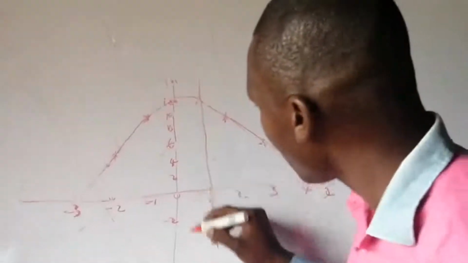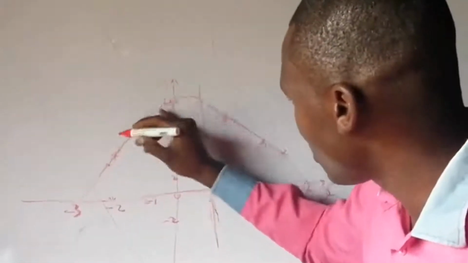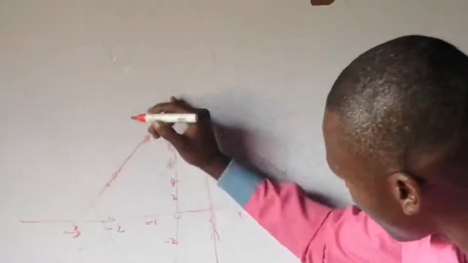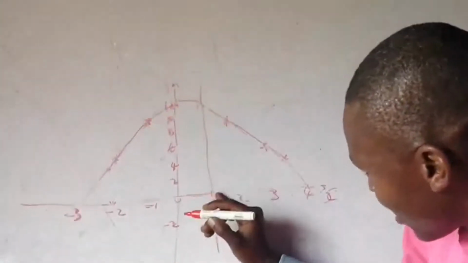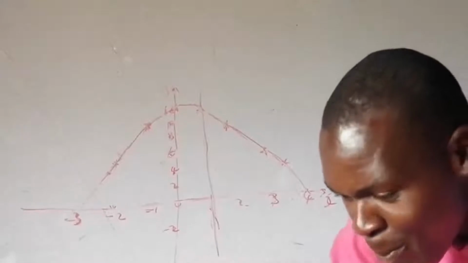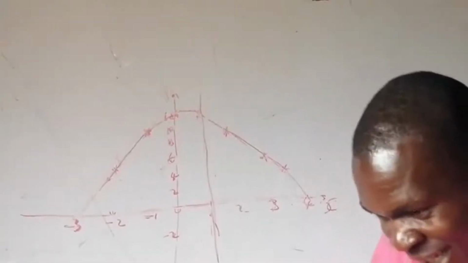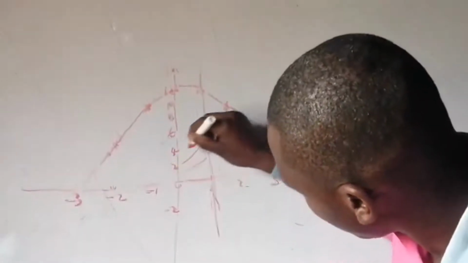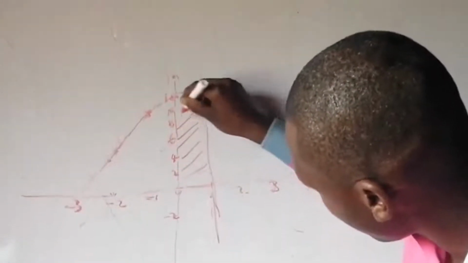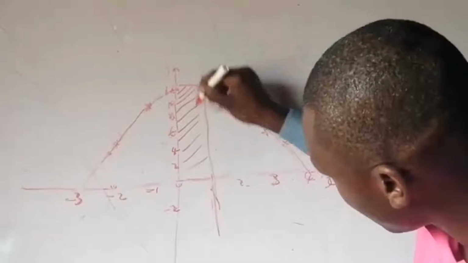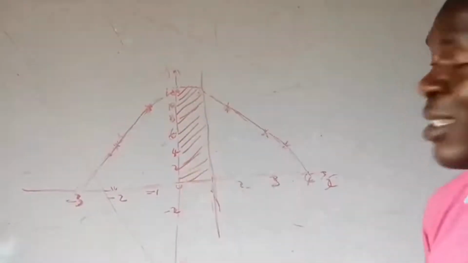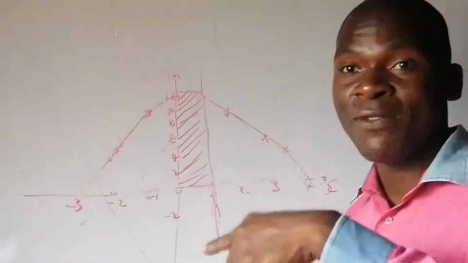So our area, remember, we are told about the curve, the x-axis, the y-axis, and this line. So the area which is surrounded by these lines, or by these boundaries, is this area. This is the first step, to identify the area.